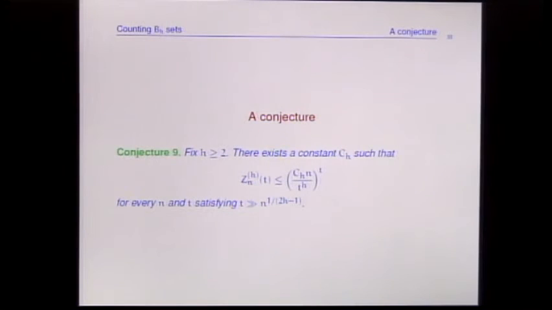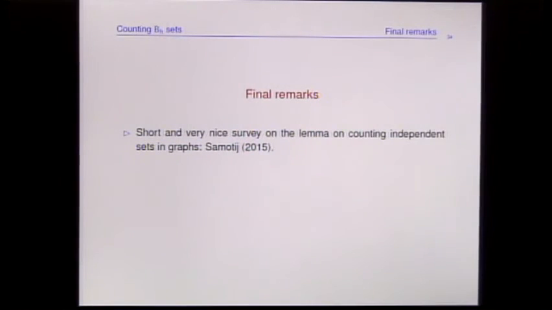Maybe the proof is too messy, and maybe there is a much better way of doing this, and then you can get a much cleaner bound like this. Also, we had an epsilon in the exponent for the bound on T. We need T to be at least this, but with plus epsilon on top. Maybe that's not necessary. Maybe there's a much better approach. It's not clear.